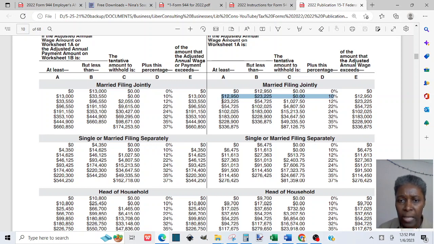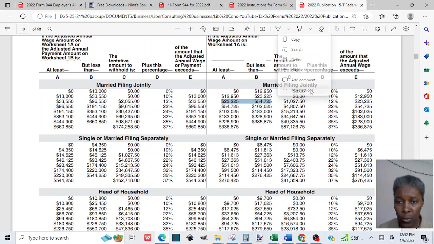So if you pay yourself 24,000 and you are using the step 2 checkbox exception, you will take 1,027.50 plus 12% of your salary you are paying yourself minus 23,225, the residual, the difference.